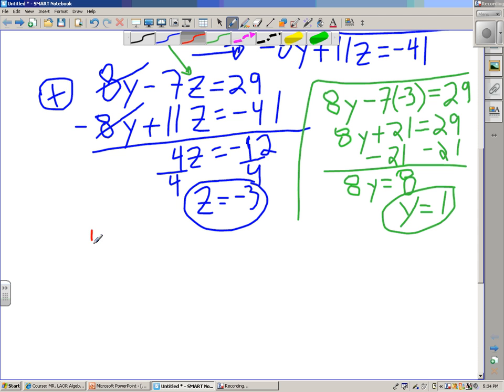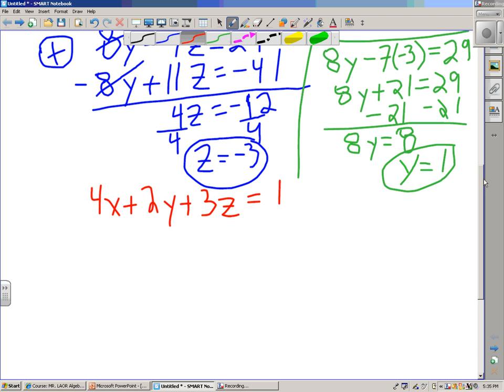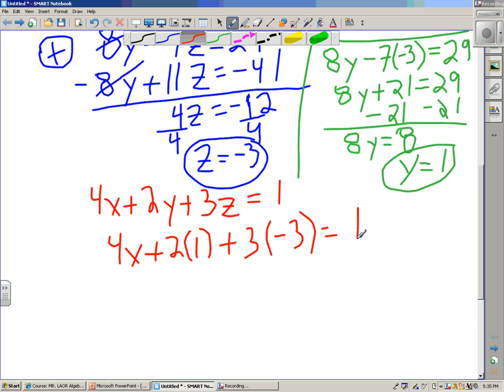We've got 4x plus 2y plus 3z is equal to 1. We don't know what x is yet, but we do know that y is 1. So we get 4x plus 2 times 1 plus 3 times -3, that's the z value, is equal to 1.